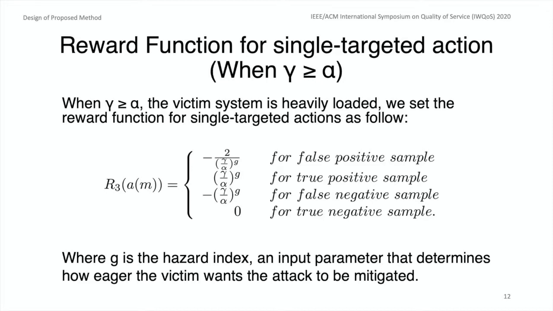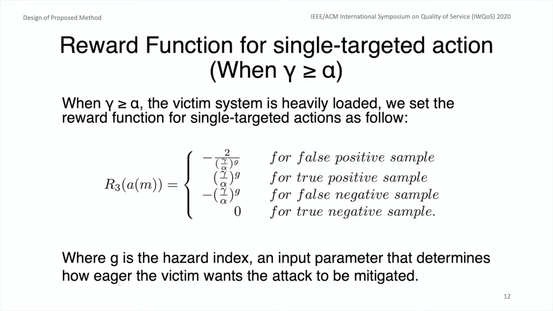So when the system is under very severe attack, we want the agent to mitigate as many threatening messages as possible. We design another reward function to achieve this. The reward function is as follows. This reward function ensures the higher the system consumption is, the more the agent cares about the true positive rates of mitigation, and the less the agent cares about the false positive rates.